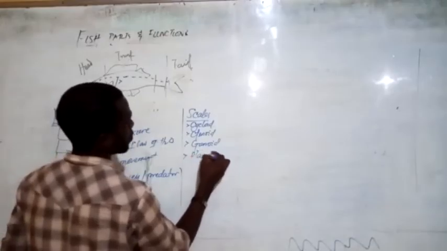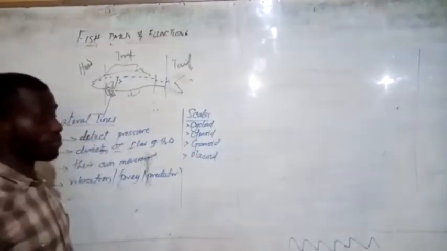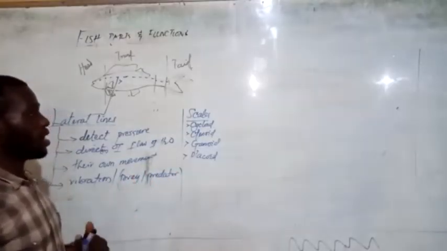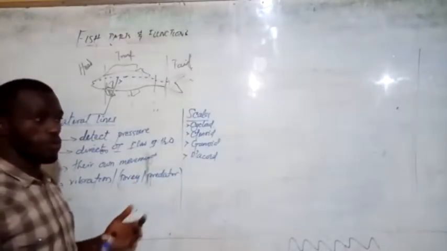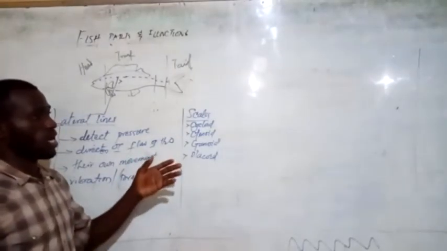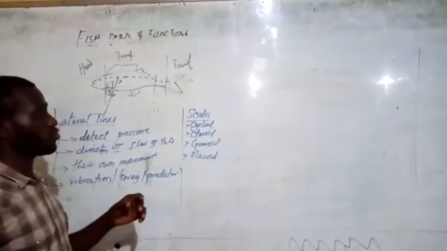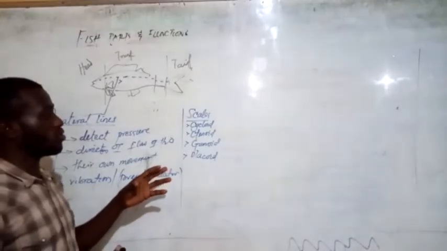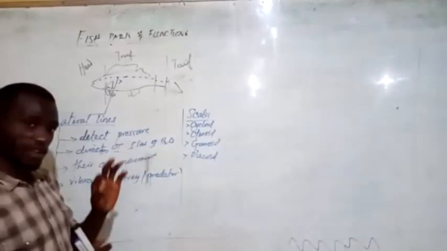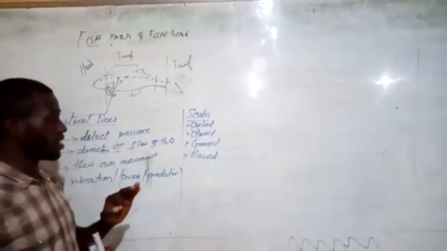We are going to discuss these types of scale in further videos, but basically the scale performs a number of functions. In some fishes, it is used for defense, depending on the kind of scale. I talked about that earlier.